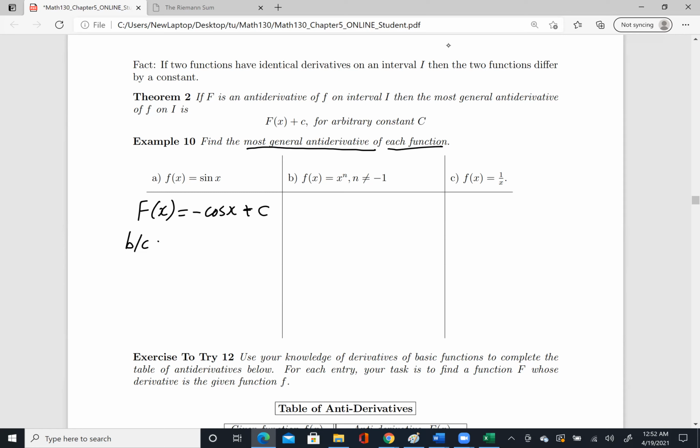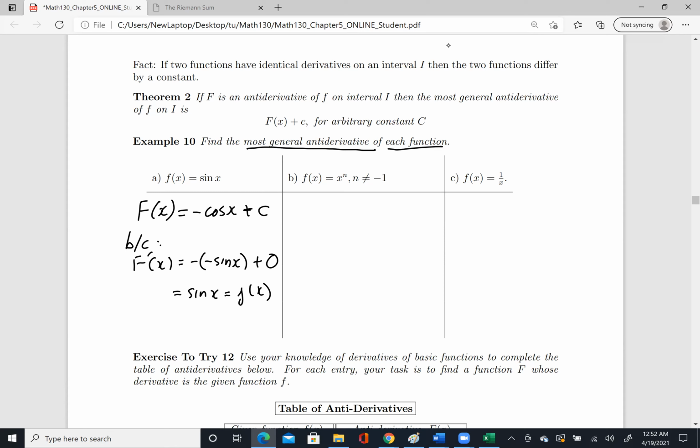Because when you take the derivative of that, you get the negative of negative sine x, because the derivative of cosine x is negative sine x, plus 0, and that will be sine of x, which equals f(x).